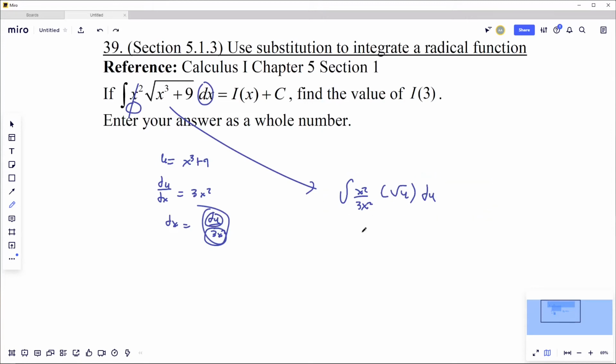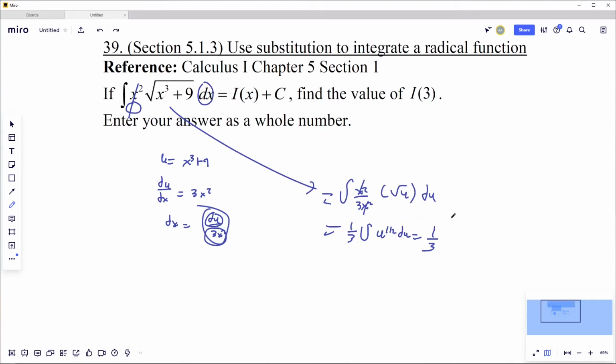So let's keep on going. And these cancel, so you get 1 over 3 integral of u to the half du. So 1 over 3 integral of this, add 1, you get 3 over 2.